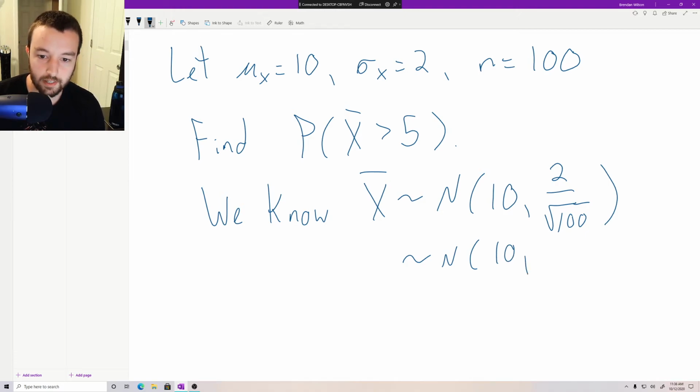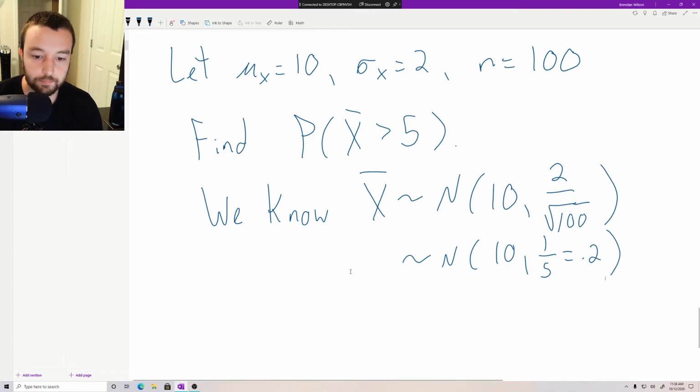So this is 2 over 10, or 1/5, or 0.2. That'll make it easier to put in the calculator. So we're using the central limit theorem to say, we know x bar is normally distributed with mean 10, standard deviation 0.2.